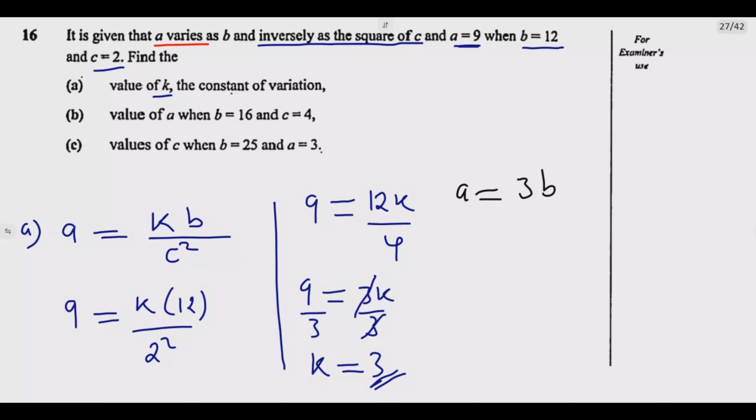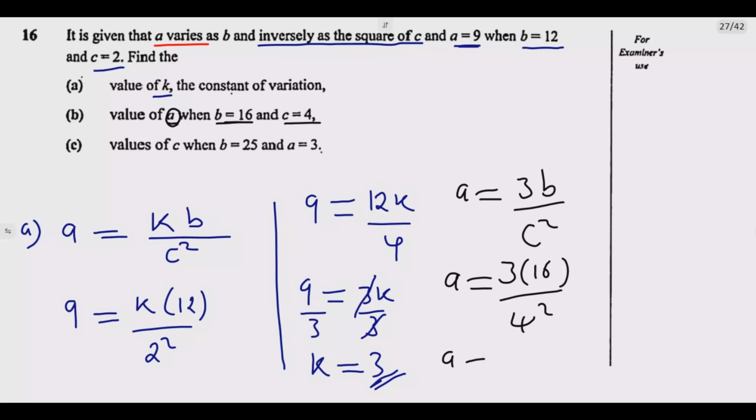So A is equal to 3B over C squared, because we've already found the value of K. Then, given that B is equal to 16 and C is equal to 4, A equals 3 times 16 over 4 squared.